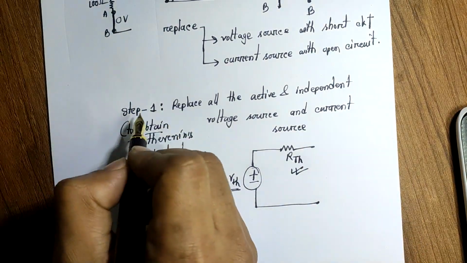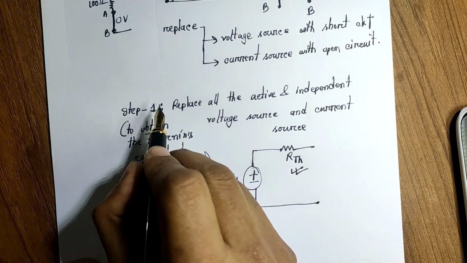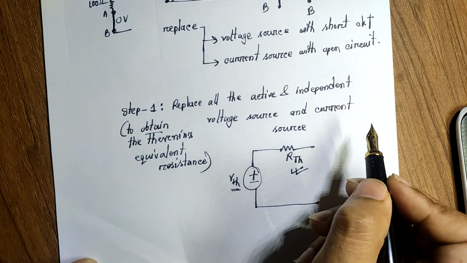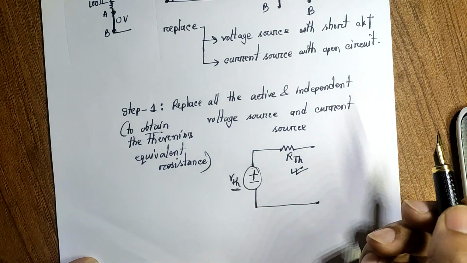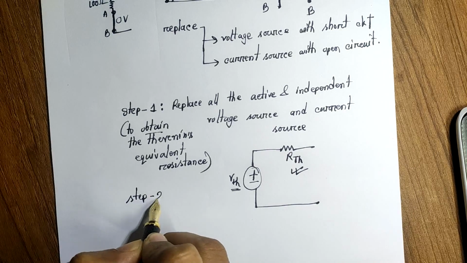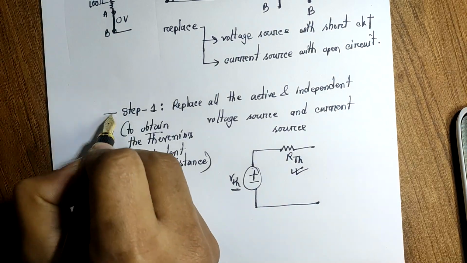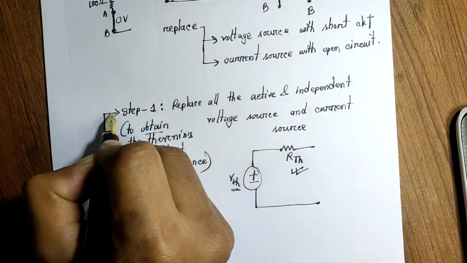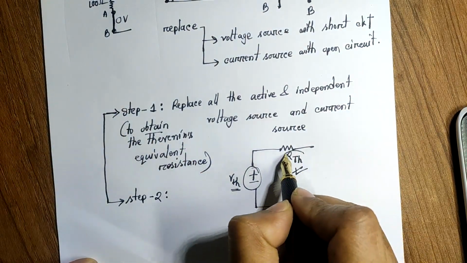Under step number 1, the first thing you have to do is replace all the active and independent voltage sources and current sources with short circuit and open circuit, and then use step number 2, which is linked to step number 1. Remember, these two steps will give us the value of RTH.